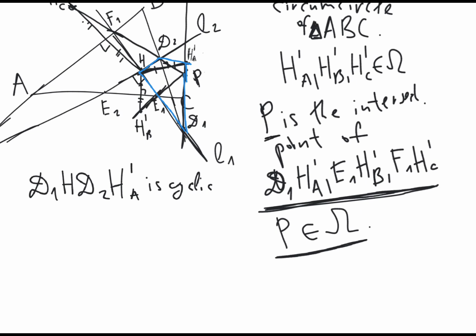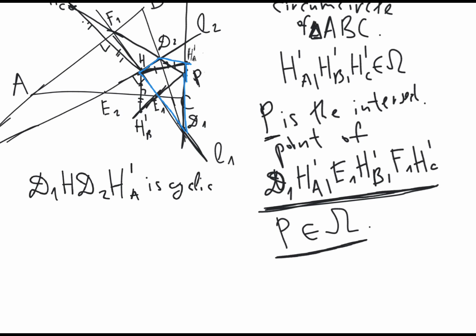This quadrilateral is cyclic because HA prime is the reflection of H. So this whole quadrilateral is symmetric with regard to the side BC, and so the angle at H in this quadrilateral is a right angle.